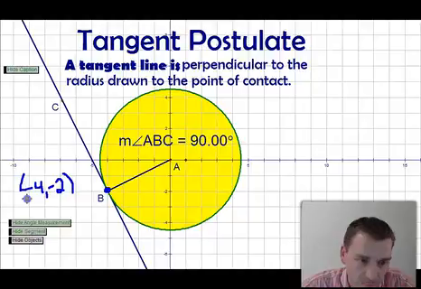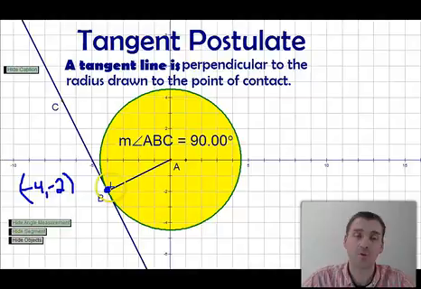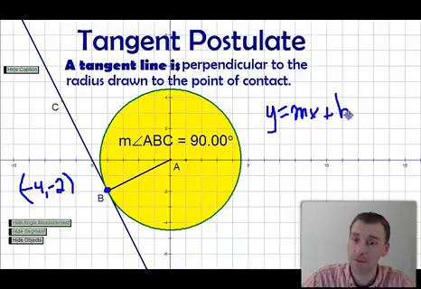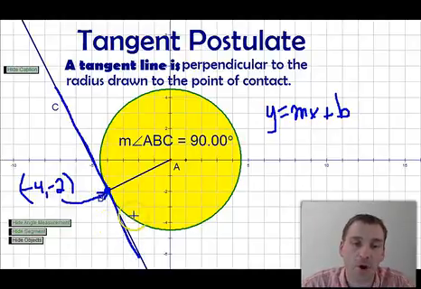That's the point of contact of which the circle goes through and the tangent line goes through. So our goal is to find y equals mx plus b for this tangent line. And we only have one point, and that point is -4, -2.